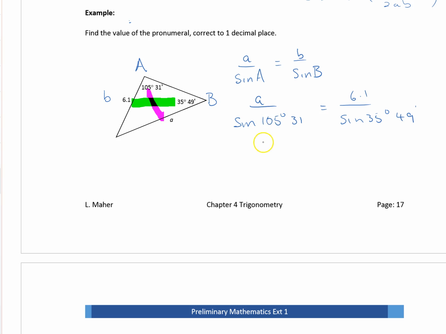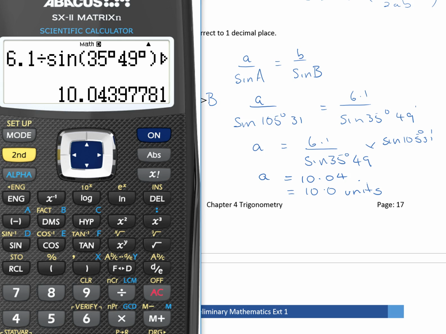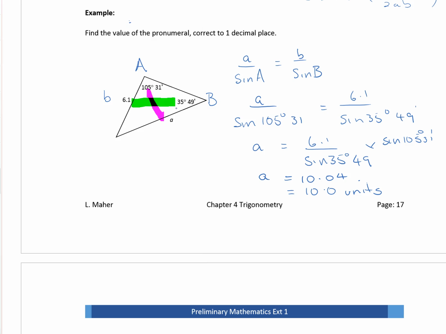I think most of us would say we would get that a by itself by multiplying both sides by sine of 105°31', and just go straight to the calculator to do the calculation. And doing that calculation, I'm getting 10.04, hopefully I haven't made a mistake, which rounded to 1 decimal place, as the instruction says, gives me 10.0 units.